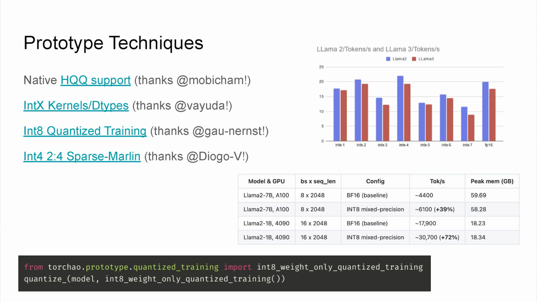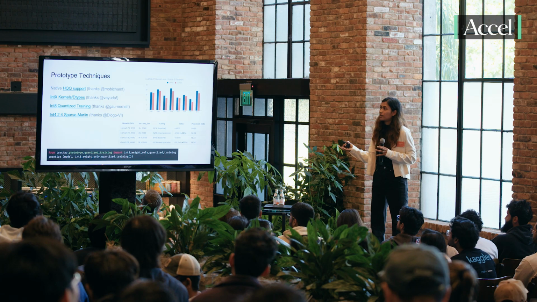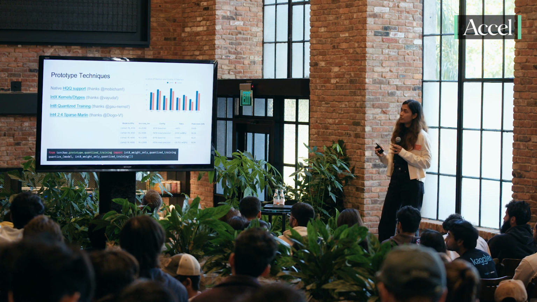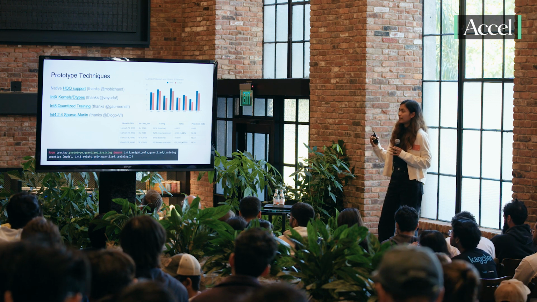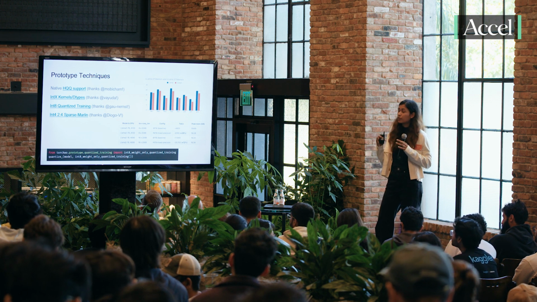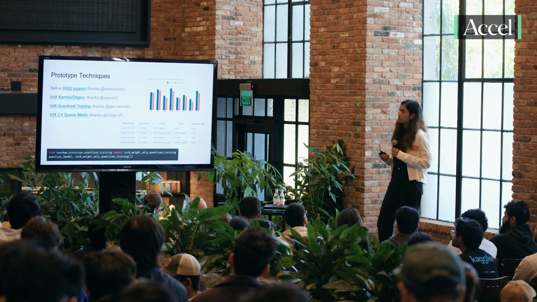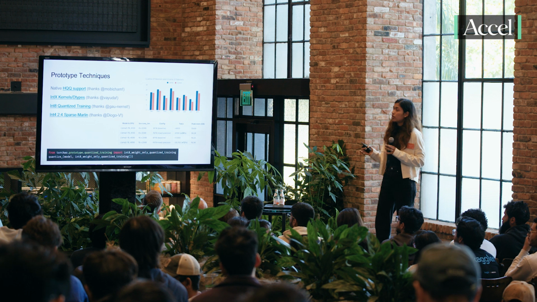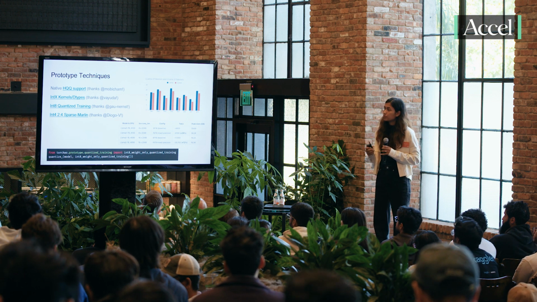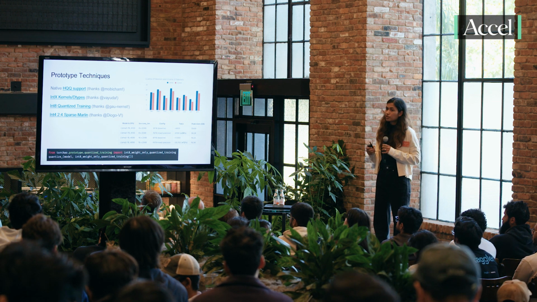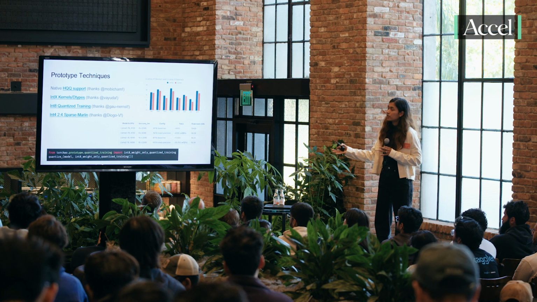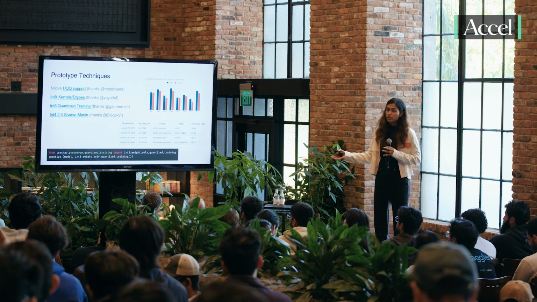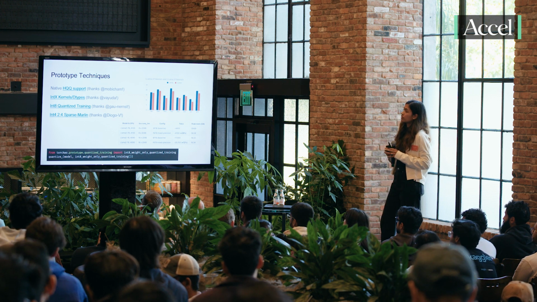The first is that Mobicham, who authored HQQ, actually added HQQ support in Torch AO in native PyTorch. So we not just have fast kernels, we also have good accuracy for those int4 kernels now in Torch AO. Vayuda wrote a lot of low-bit int dtype support using tensor subclasses in Torch AO, which paved the way for us to invest more in low-precision inference now.